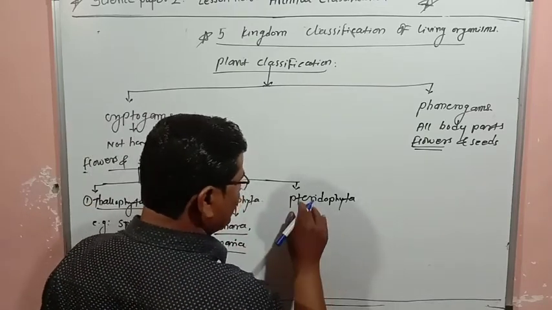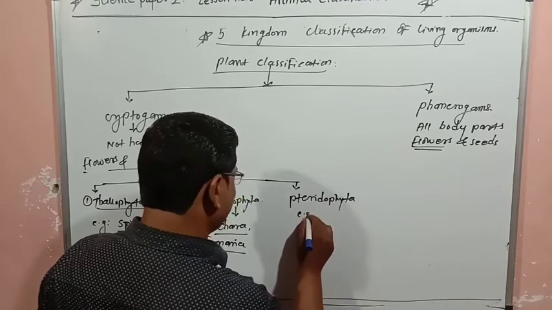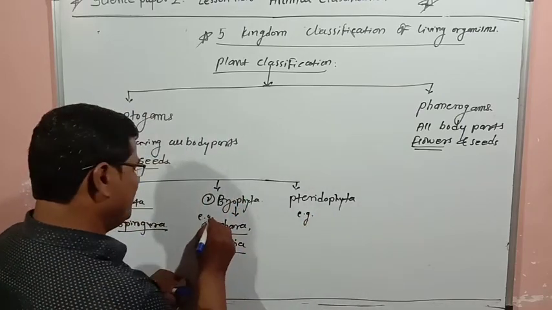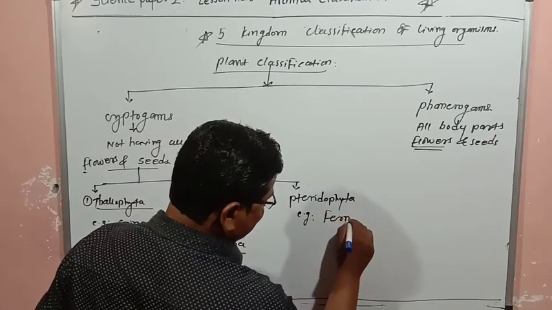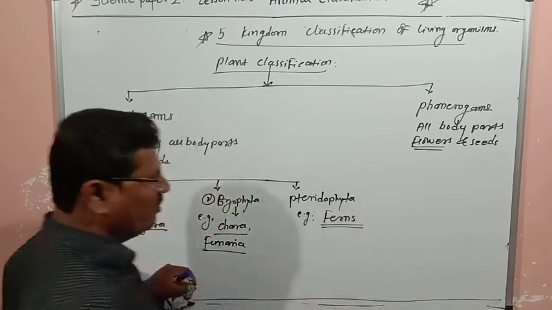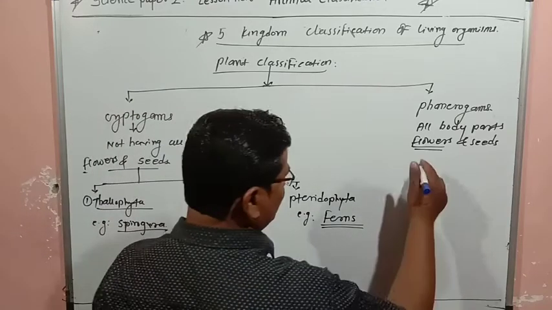Next is Pteridophyta, where the example is ferns, such as Nephrolepis.